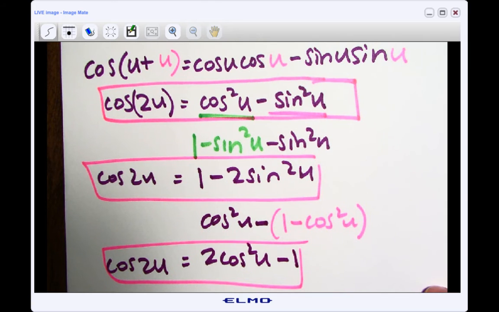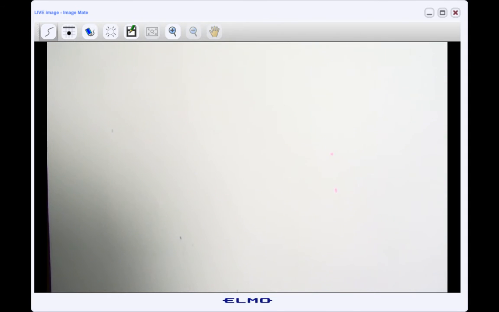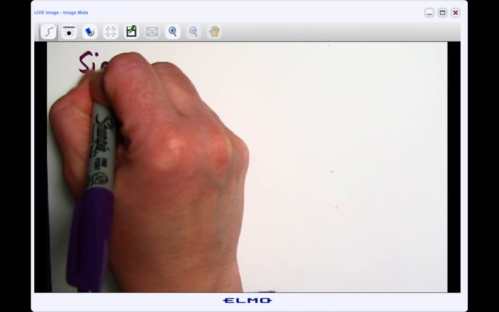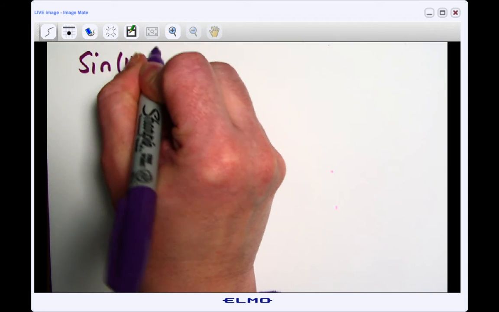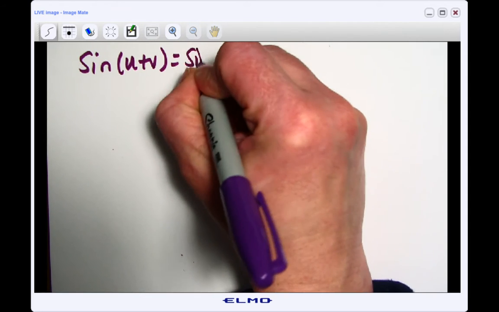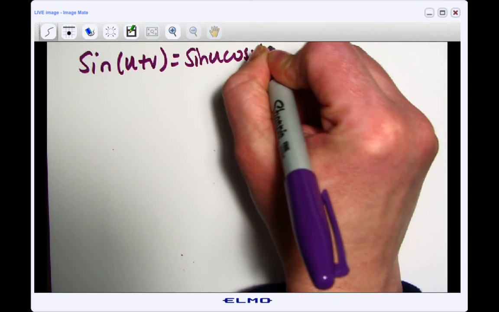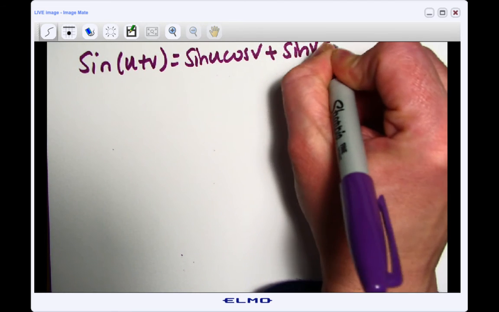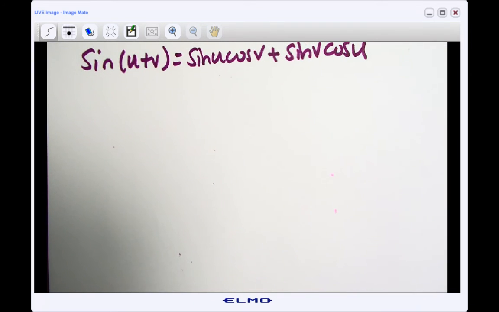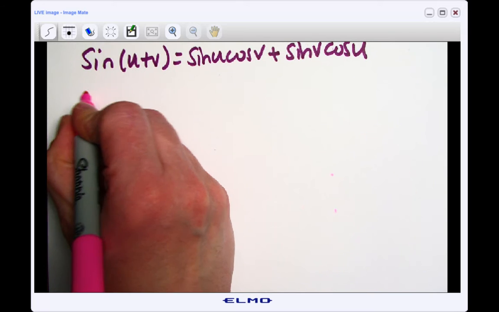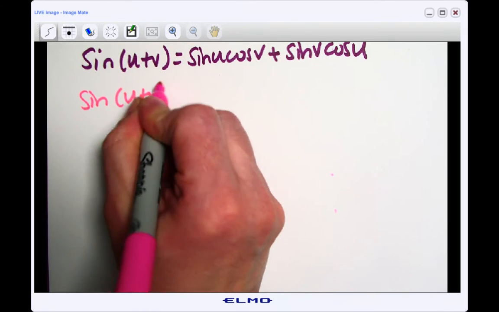Of course we could use that same principle to find our double angle for the other ones also. So for sine, our sine of u plus v is of course sine u cosine v plus sine v cosine u, and I'm going to change it to sine of u plus u.